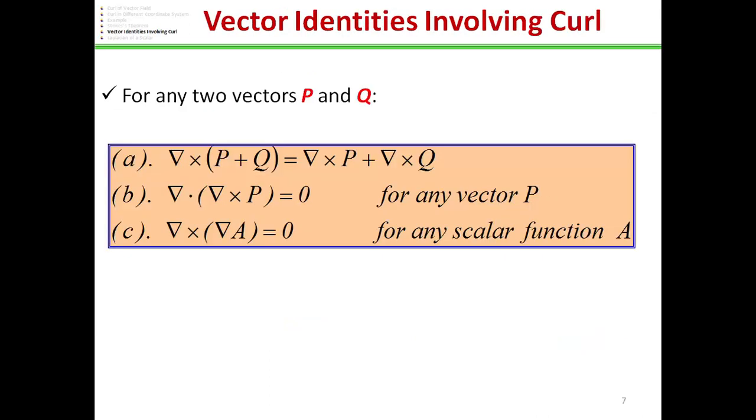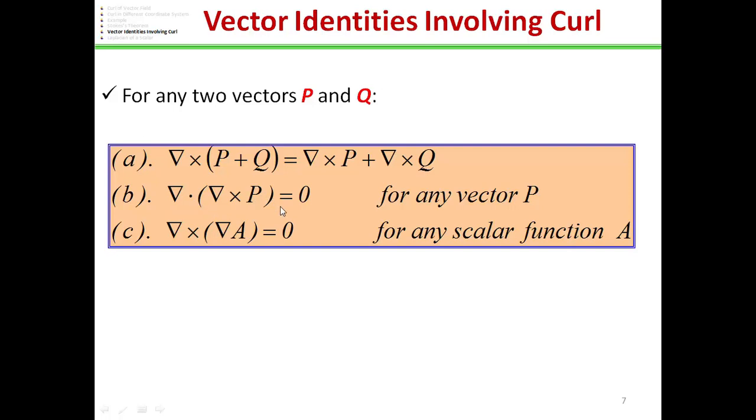Now, here are some vector identities involving curl. Let's take any vectors P and Q. In the first identity, del cross (P plus Q) is equal to del cross P plus del cross Q. And in the second identity, the divergence of the curl of any vector field is 0.